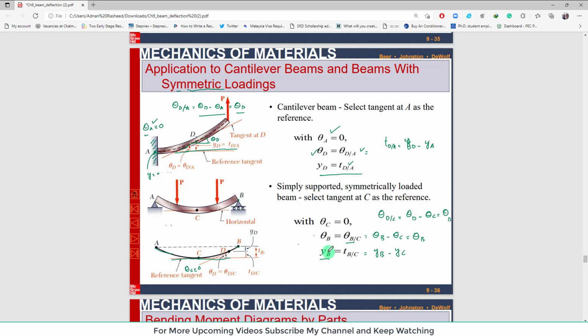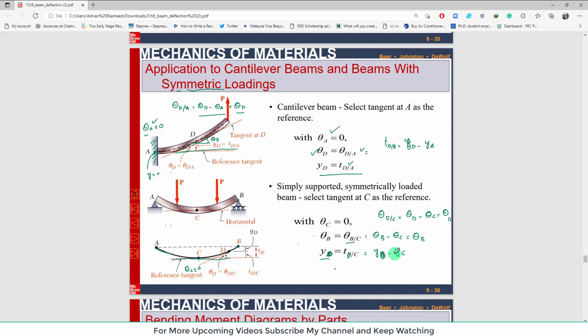So again this is theta D. If you are interested to find out YD, so YD is equal to tau of D with respect to C, which is equal to YD minus YC. How? Because you can see YD with respect to C is equal to TDC, which is equal to YD minus YC.